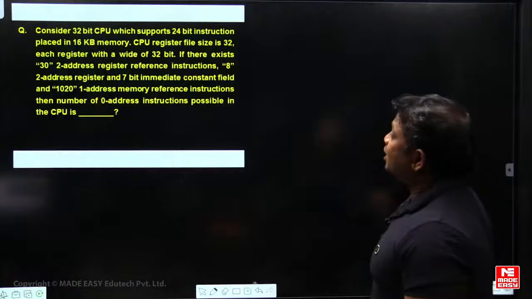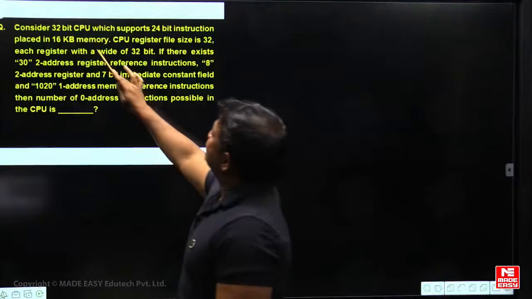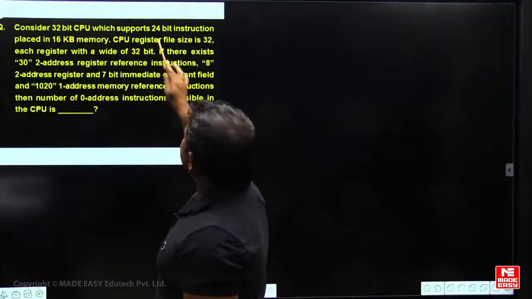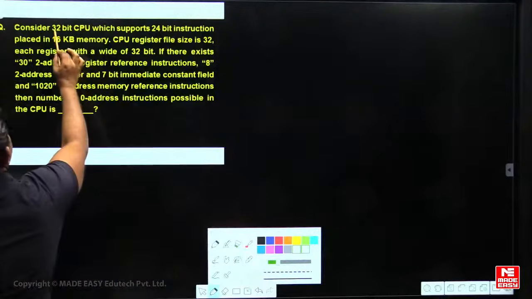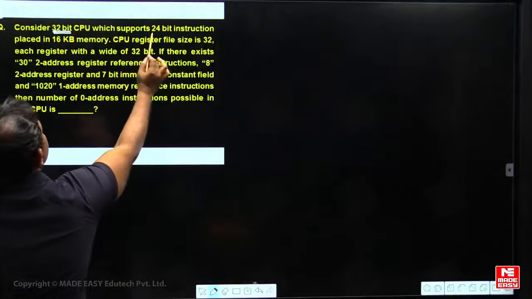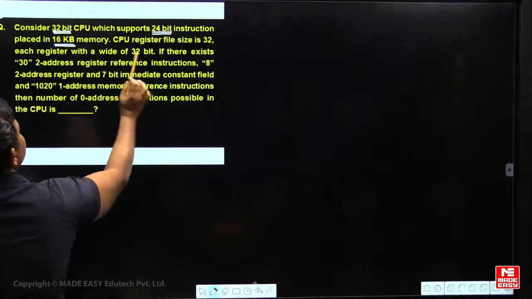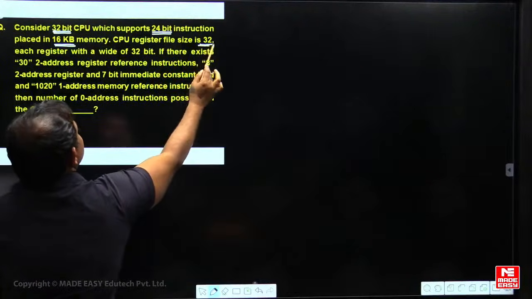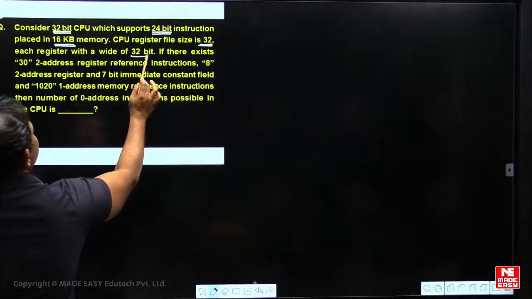Now, you are asking an expanding opcode question. Consider a 32-bit CPU which supports 24-bit instructions placed in 16 KB memory. Register file size is 32, each register with a width of 32 bits.